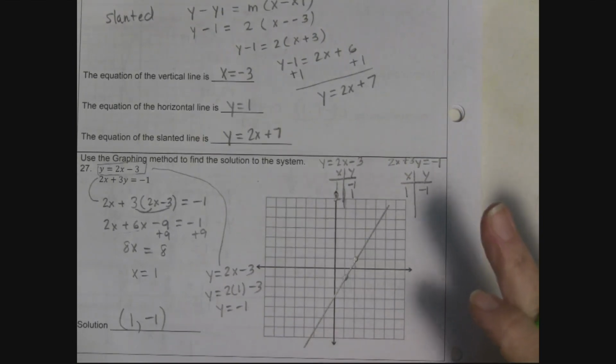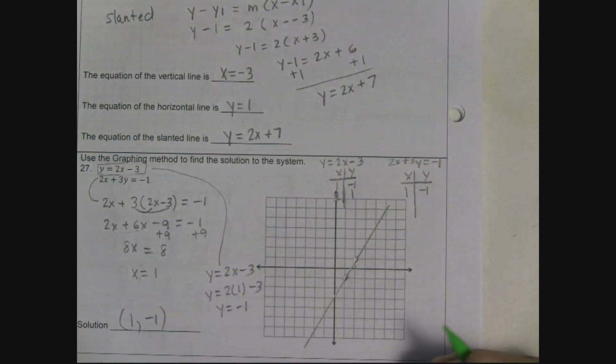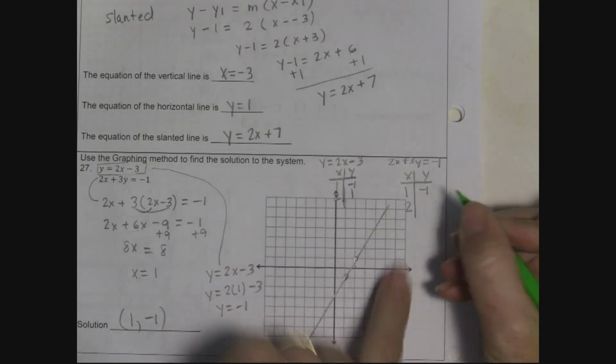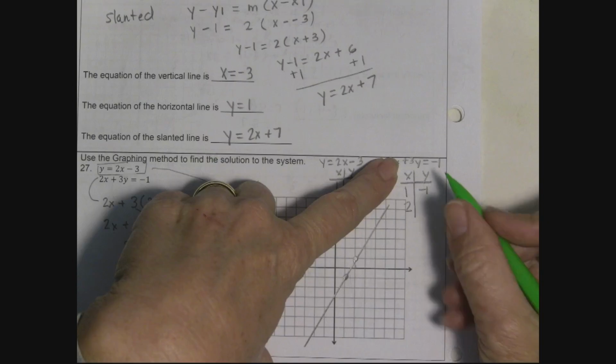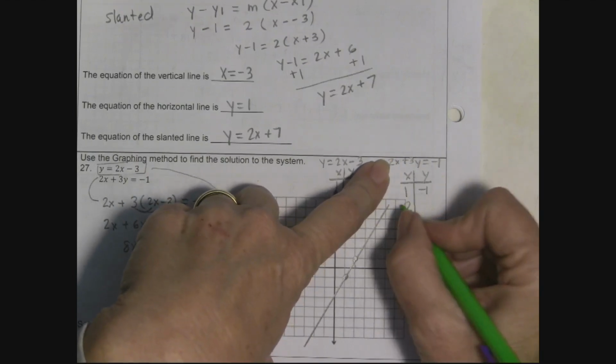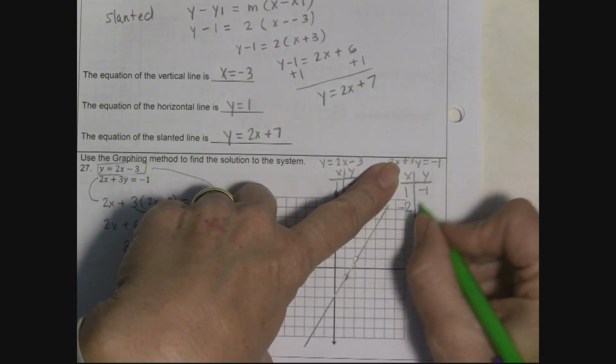I want to pick another point, and I'd like the other point to not be terrible. So I'm thinking about picking x as negative 2 because that makes negative 4. And if I take away 3, I want that to be negative 4, and then I want this to be 3 so that I get negative 1. So that'll be 1.